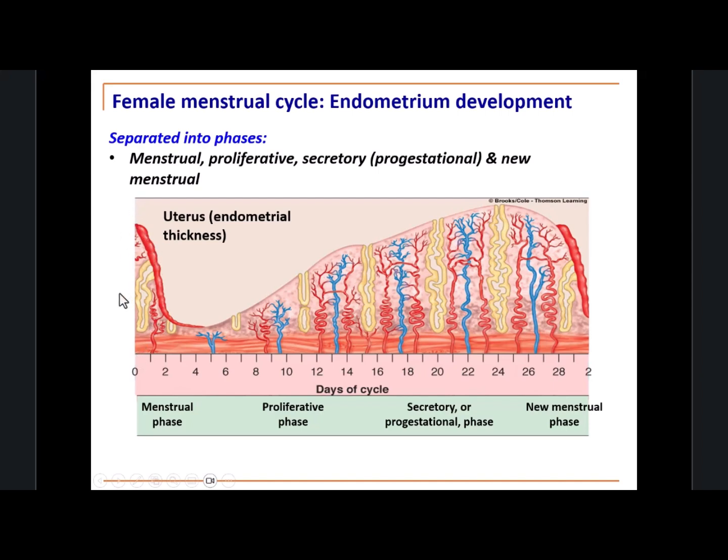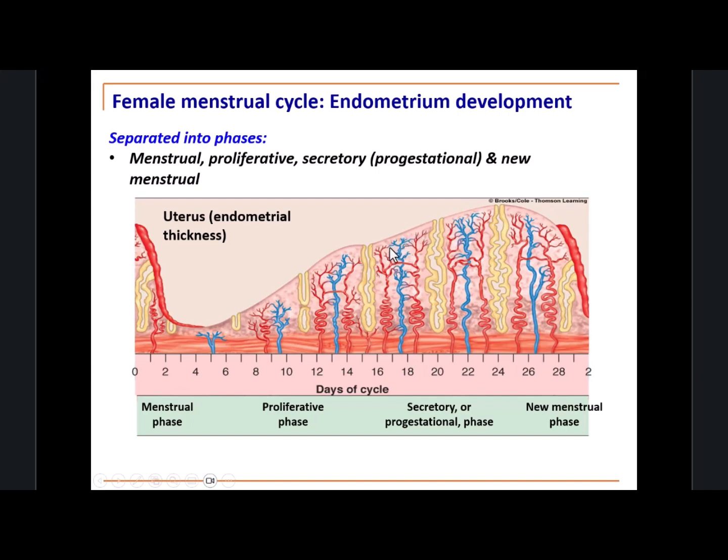And the phases of endometrium development are separated into the menstrual phase. So you can see the loss of tissue, the proliferative phase. So that's in the first phase of the cycle, which is your follicular phase. And that's when you're getting endometrium thickening under the influence of estrogen. Then you go into your secretory or progestational phase.